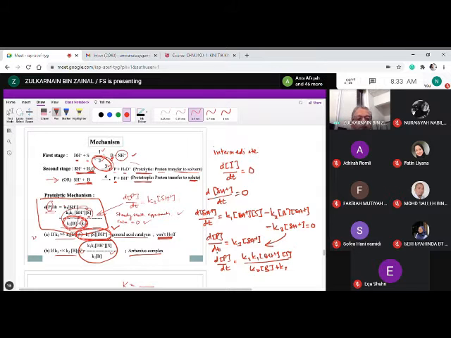Okay, so if K3 is larger than K2B, meaning that you can ignore K2B and it is very small, and then your rate of reaction will be just K3 K1 over K3, since you have K3 at the bottom also in the denominator, then the rate just becomes KBH times S.